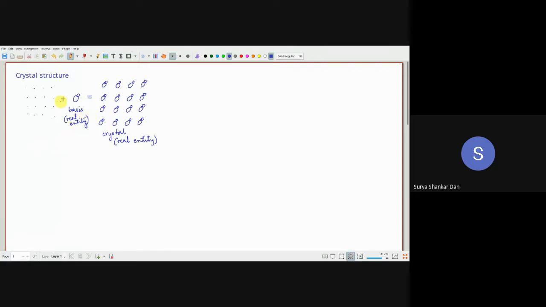Now, this lattice is nothing other than a periodic array of points in space. So this is just an abstraction. Please understand that the lattice is a man-made concept.